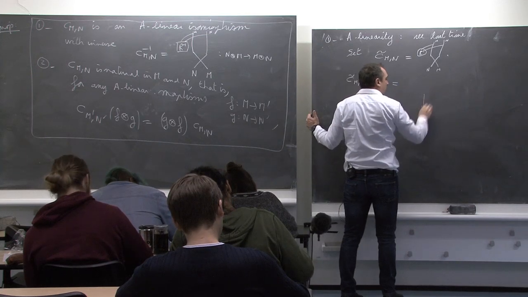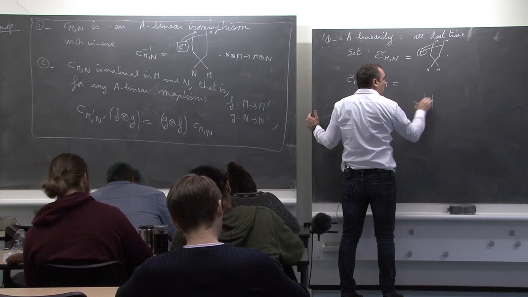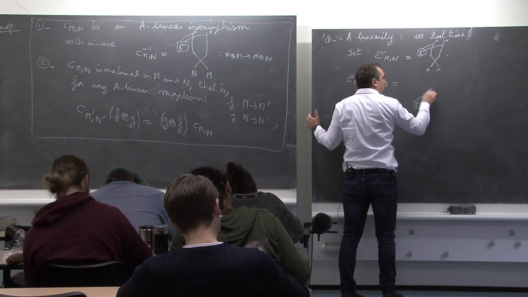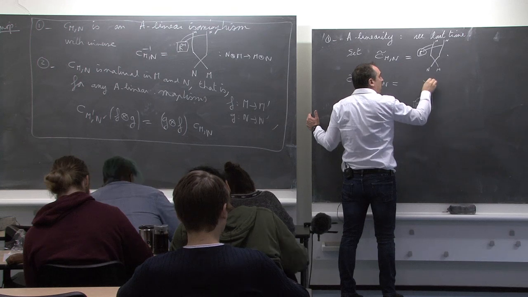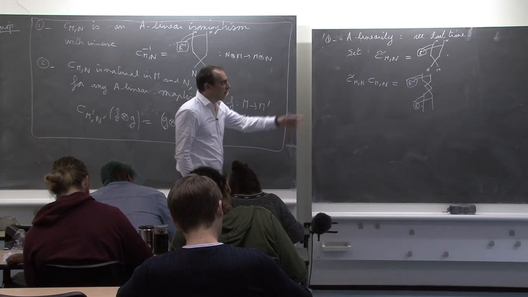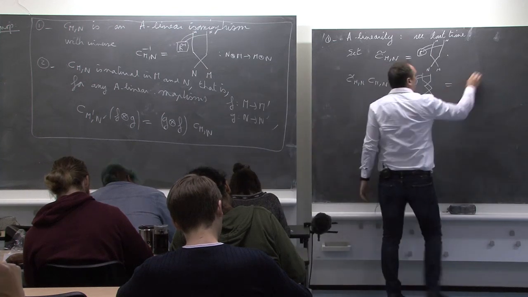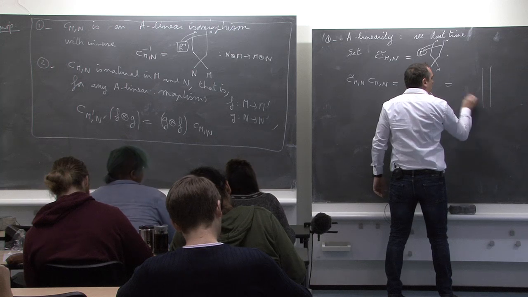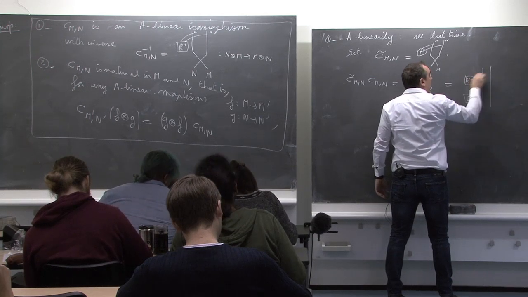It is R, the flip, against the flip, and R inverse. Okay, so twice the flip cancel, so this is just R and R inverse.